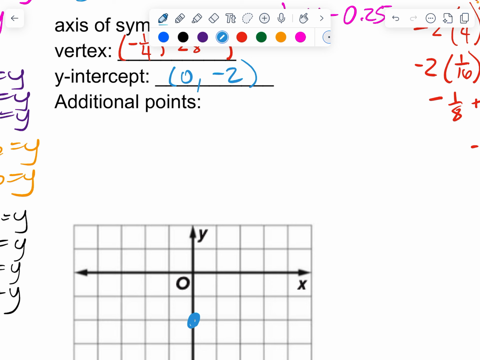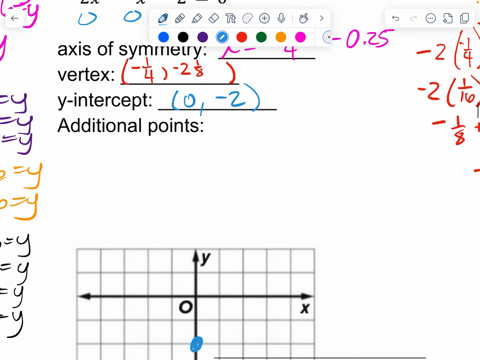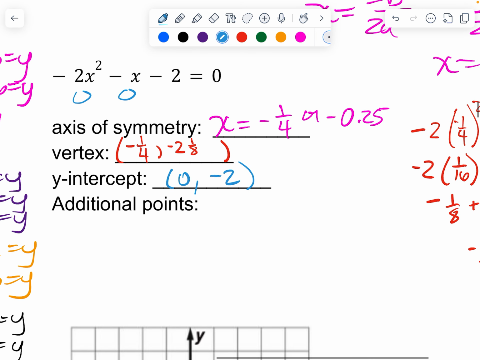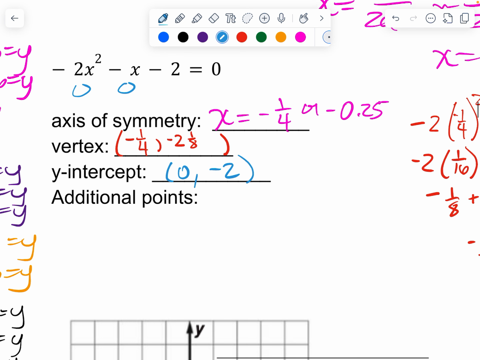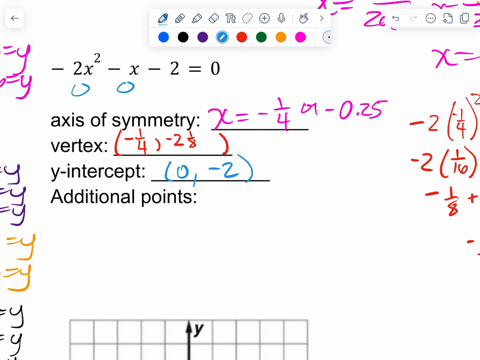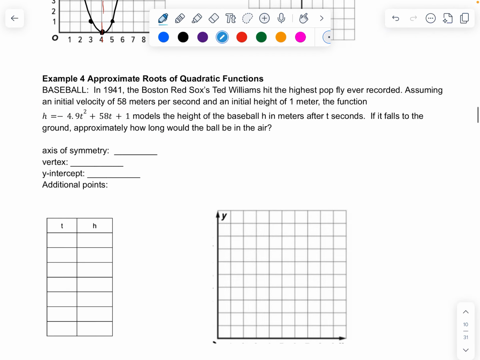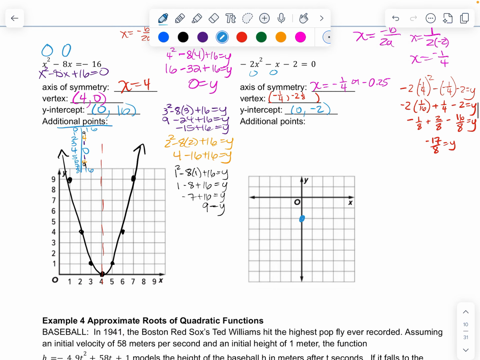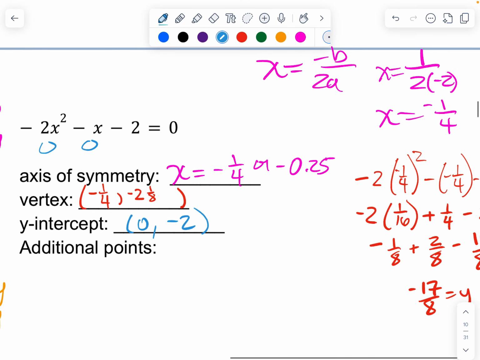Negative 1/4. I feel like I'm doing something wrong on this one. Negative b over 2a. And that would get me 1, negative 4.